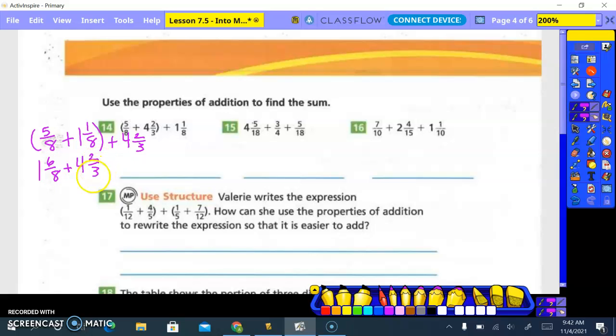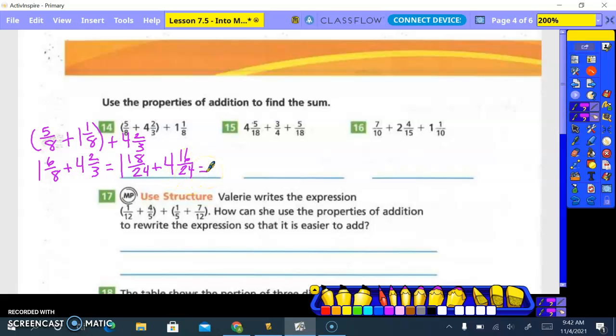What's my common denominator? 24. So 1 and what? 1 18 24s. Okay.